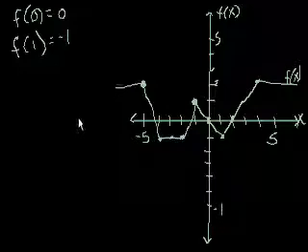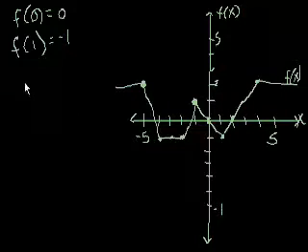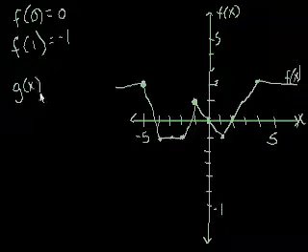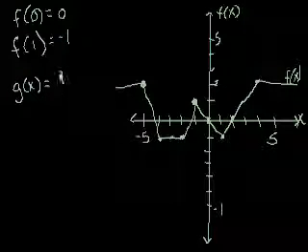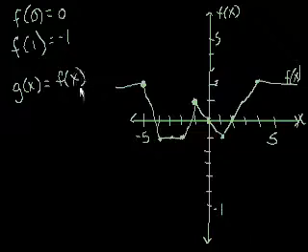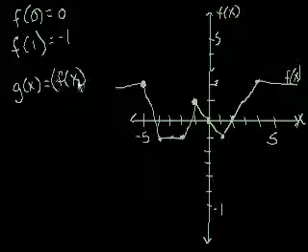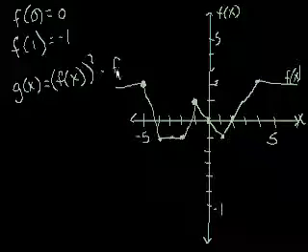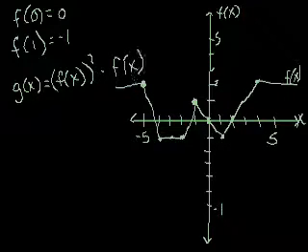So if that's the graph of f of x, and let's say that we define g of x. G of x is equal to f of x squared minus f of x.